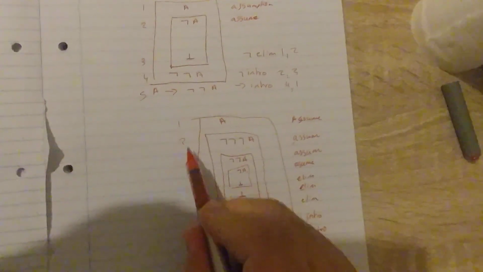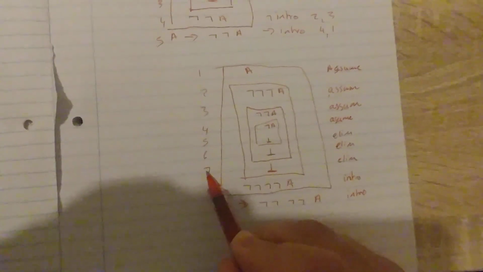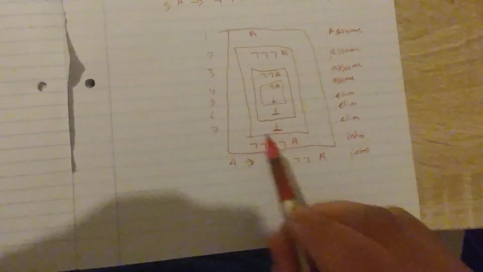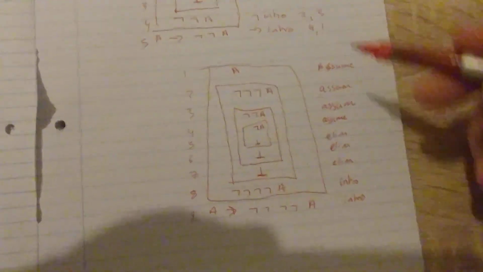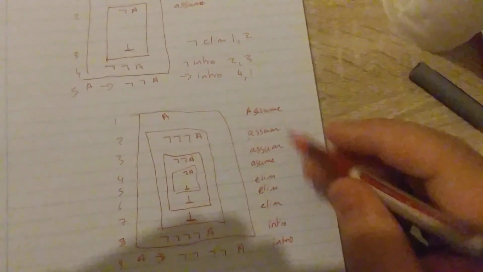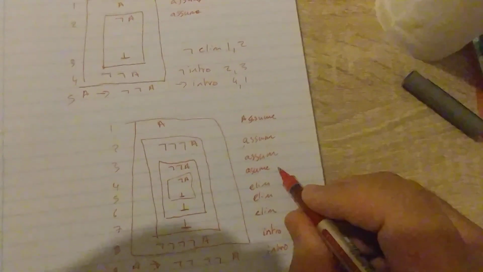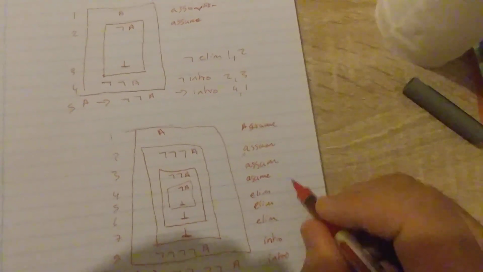So I have 1, 2, 3, 4, 5, 6, 7. Wait, 1, 2, 3, 4, 5, 6, 7. Okay, 8 and 9. I have 9 lines. I make an assumption. I do an elimination based off of line 3, I believe. Elimination line 3 and 4.